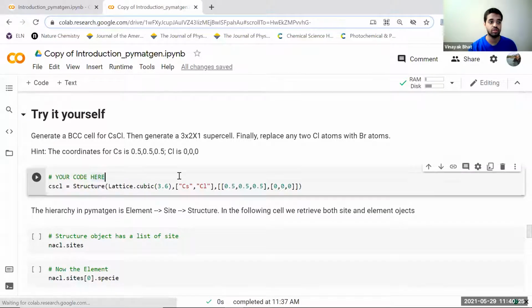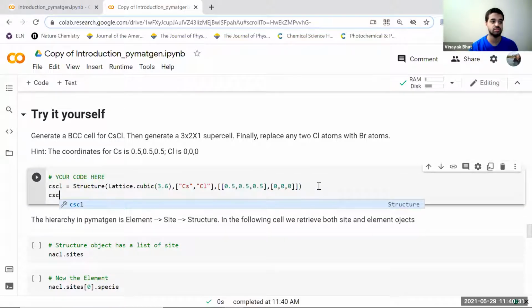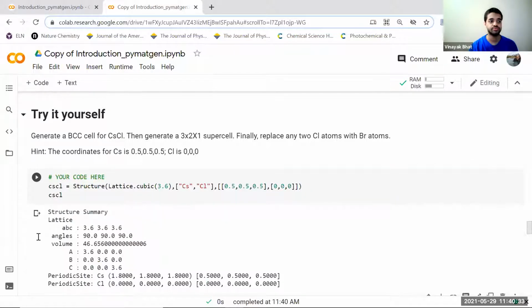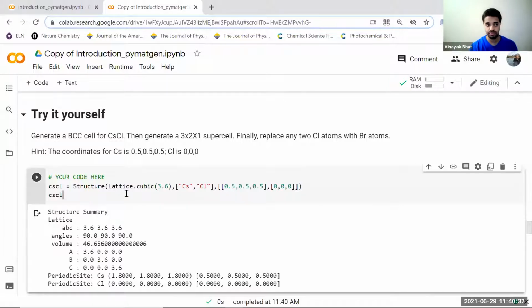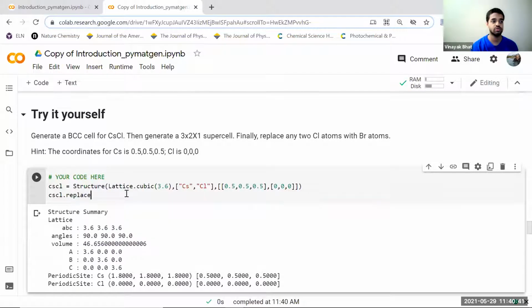So what we did here right now is CsCl. So we have this species, and if you want to replace it, say dot replace. Let's replace the second one with Br.